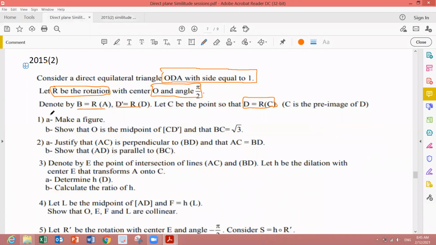Draw the figure. Part B. Show that O is the midpoint of CD prime.